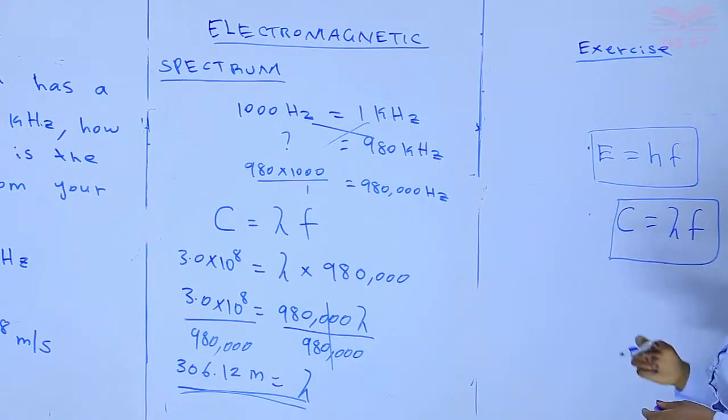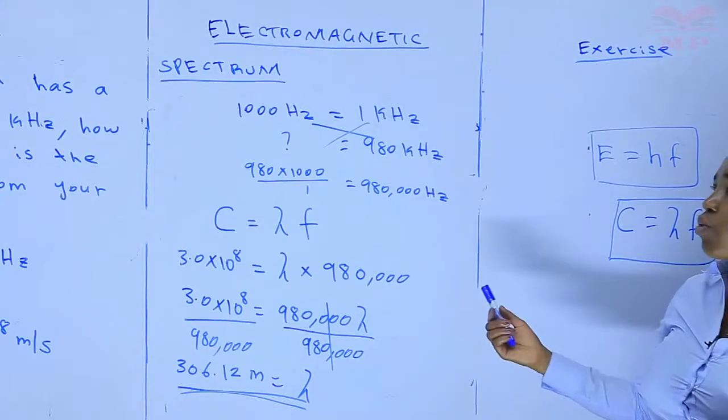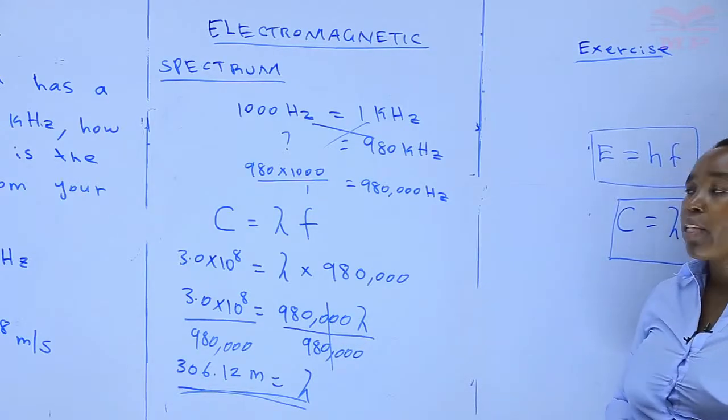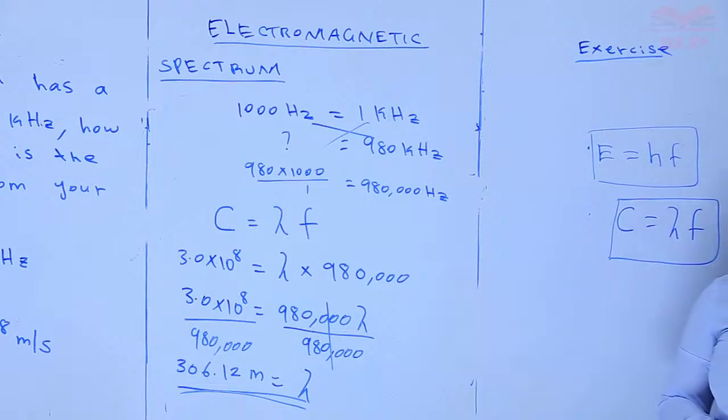When you have these two, you can calculate any quantity that you can be given. So that is it on calculations. Continue doing more and more to practice on the calculations involving energy and the wave equation.